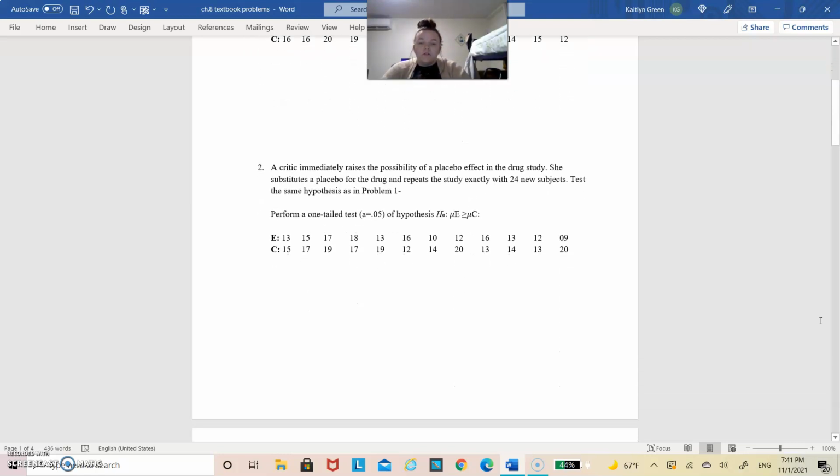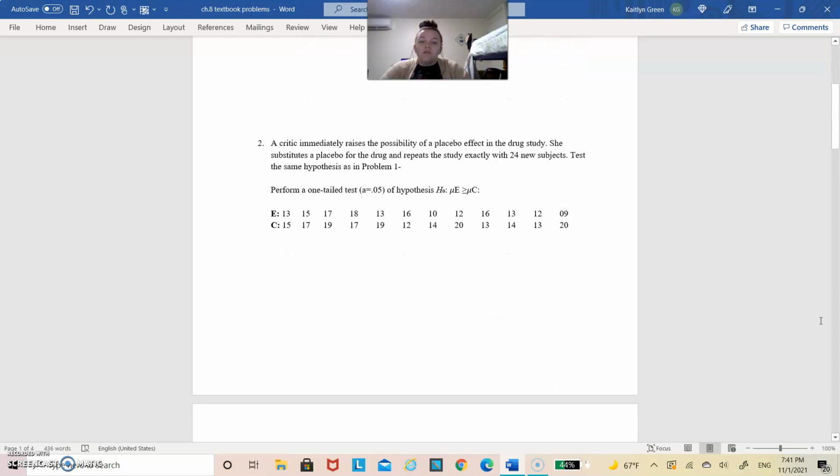Going on to number 2, it says a critic immediately raises the possibility of a placebo effect in a new drug study. She substitutes the placebo for the drug and repeats the study with exactly 24 new subjects. Test the same hypothesis as in problem 1. So the setup is pretty much all the same, except of course we have different numbers, so we had to recalculate the mean for E and C, which for the experimental group was 13.67, and for the control group was 16.08.